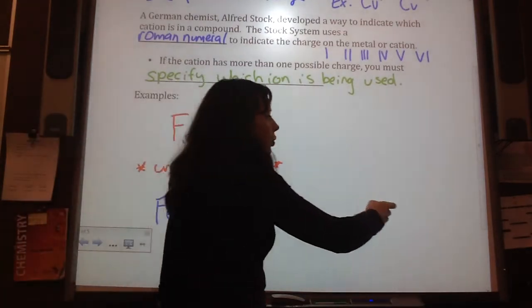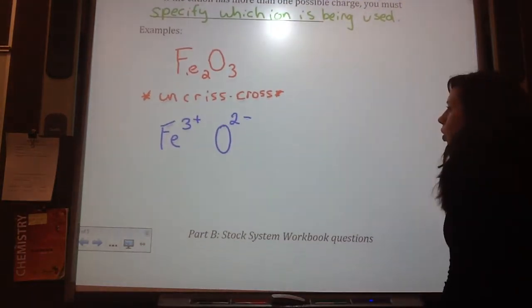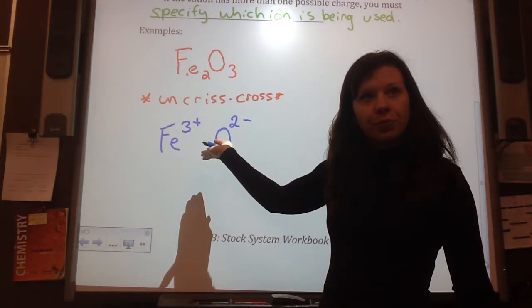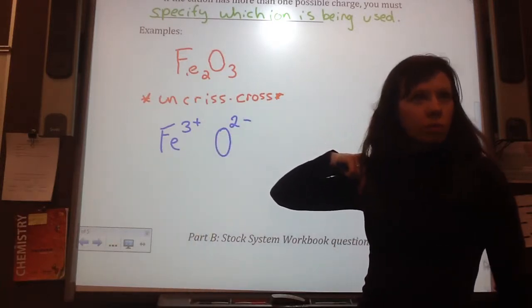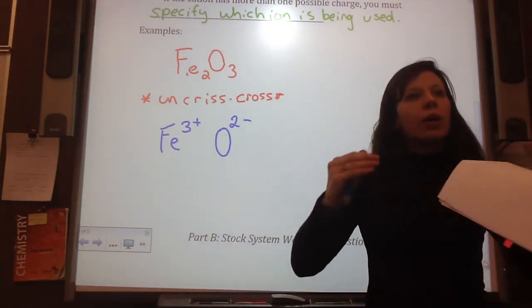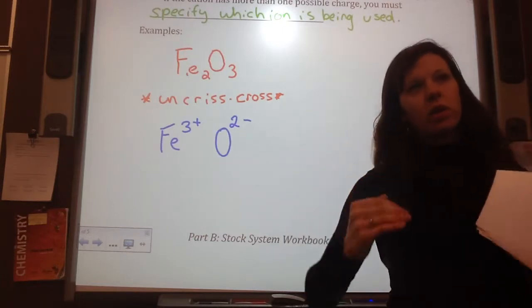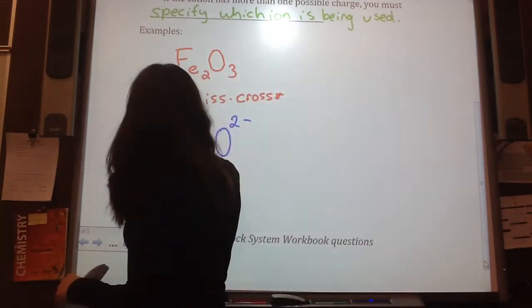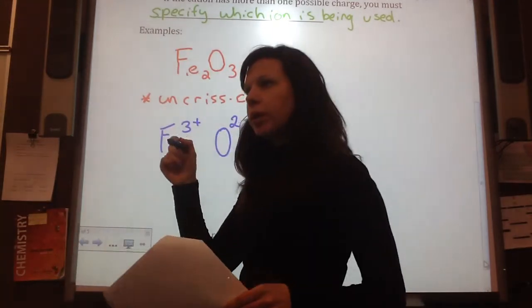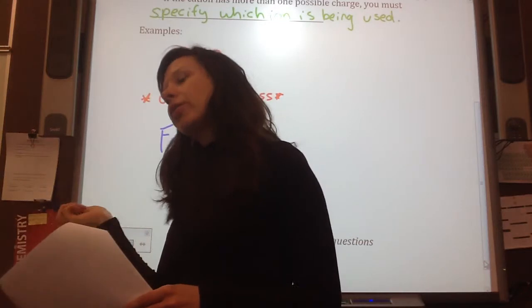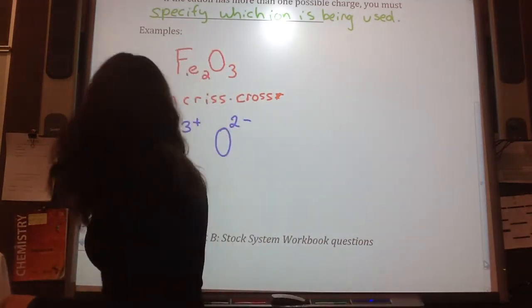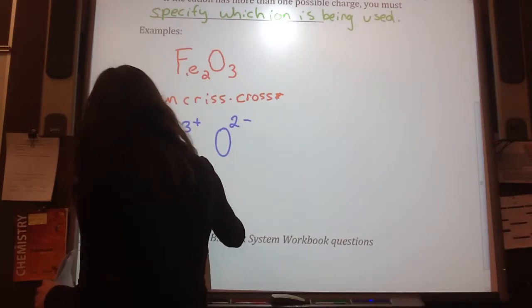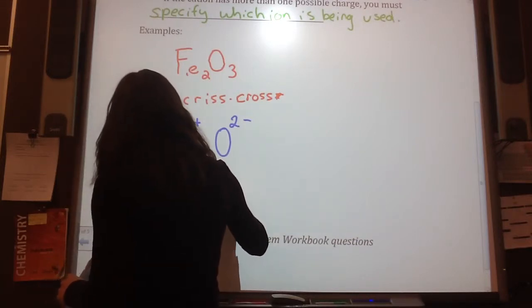Because in order to get Fe2O3, I had to start with those ions. So now we name it. Because it's iron 3, and when you look at your periodic table, iron can be either iron 3 or iron 2, we have to say this is iron, bracket, 3, close bracket, oxide.